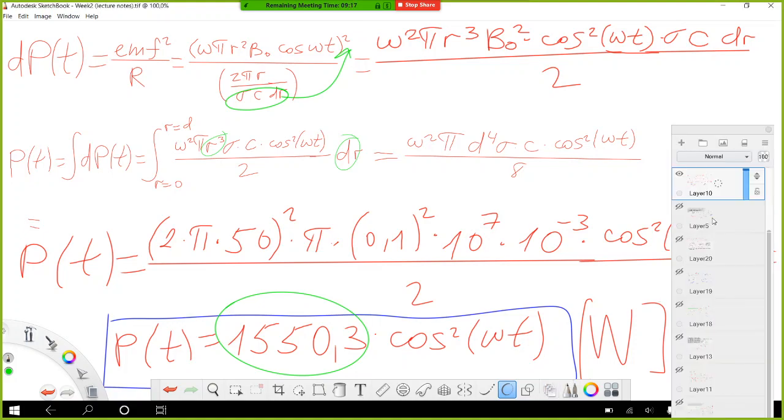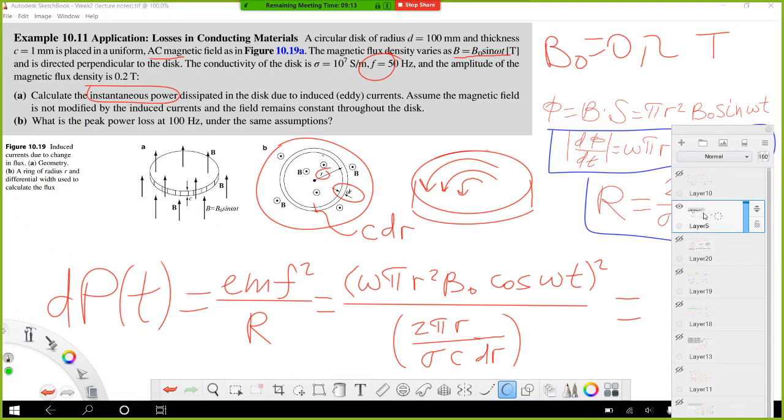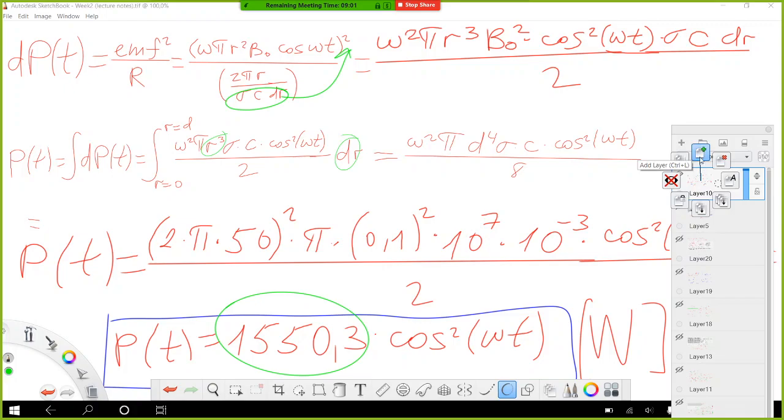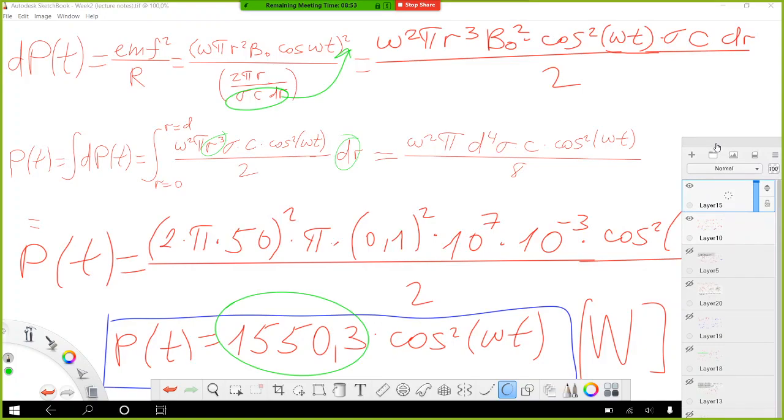So the second part of the problem. What is the peak power loss at 100 Hz under the same assumptions? Now we need to change only the frequency.